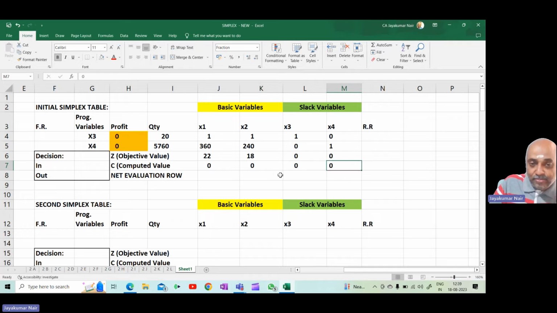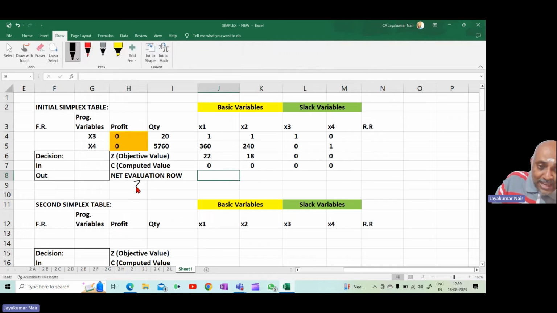Similarly here and here. And what is NER? NER is Z minus C. So the objective function values, whatever you have got, minus what you have computed, that is C. If you subtract these two, whatever value you get, we call it net evaluation, NER, net evaluation row.